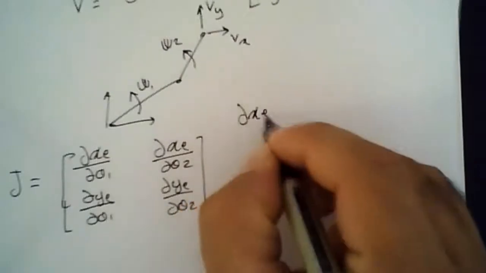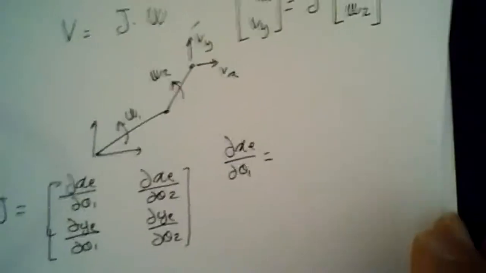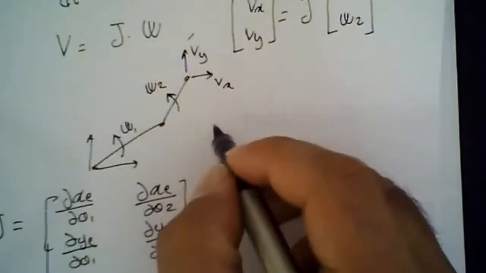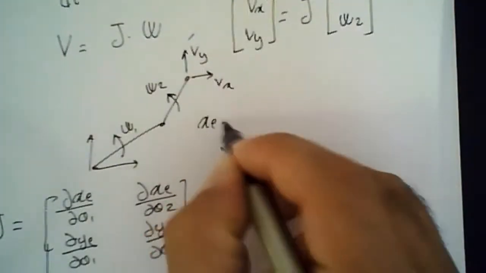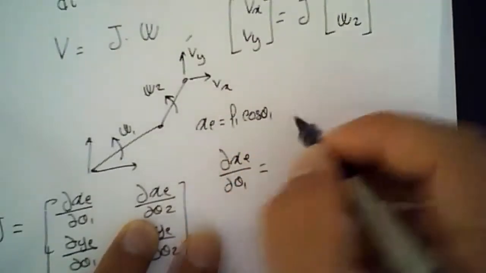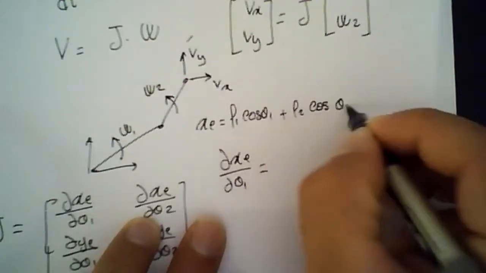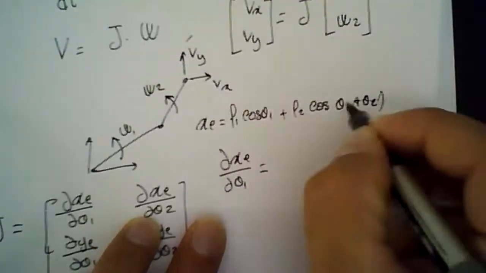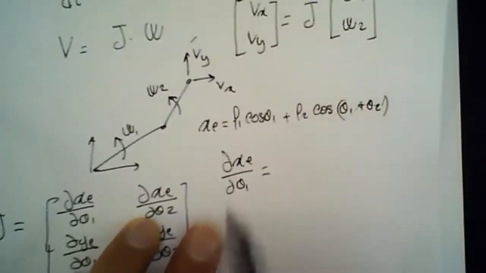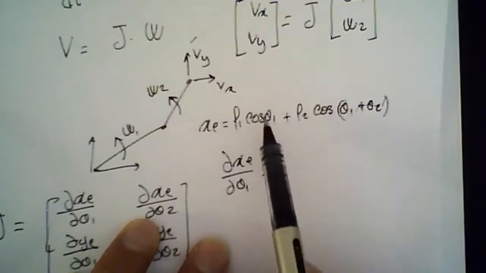So dxe d theta 1 is going to be equal to, well, I'll quickly rewrite what xe was. xe was equal to L1 cosine theta 1 plus L2 cosine of theta 1 plus theta 2. So for dxe d theta 1, you are doing the partial derivative of xe with respect to theta 1, right?